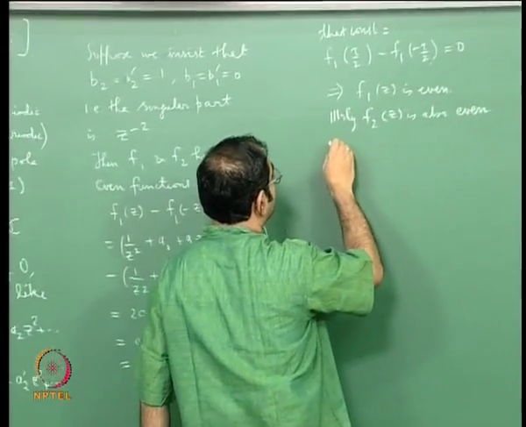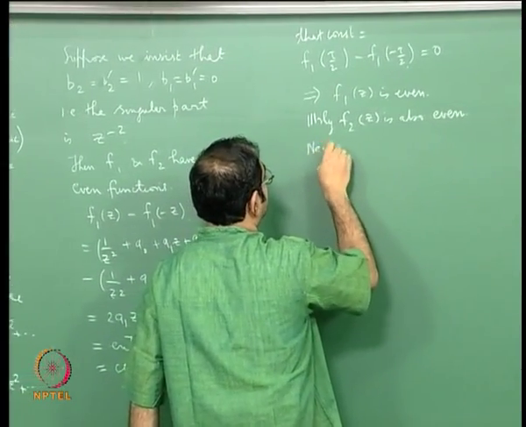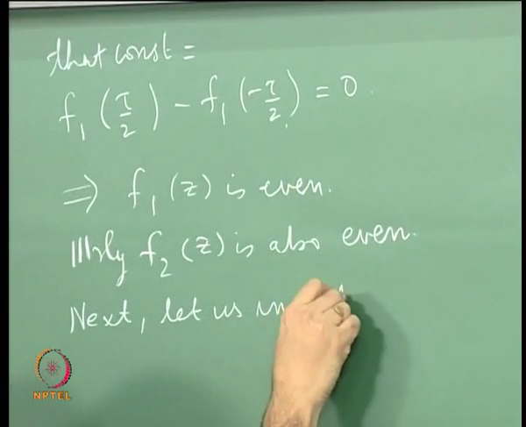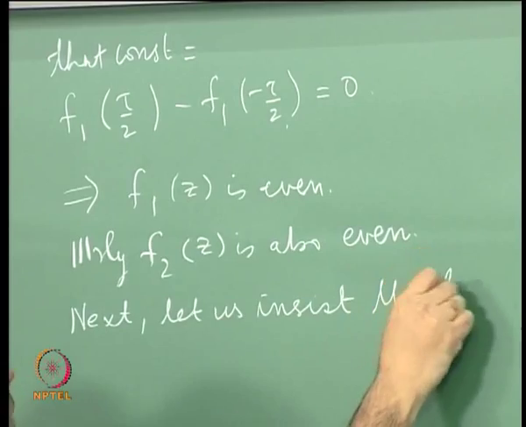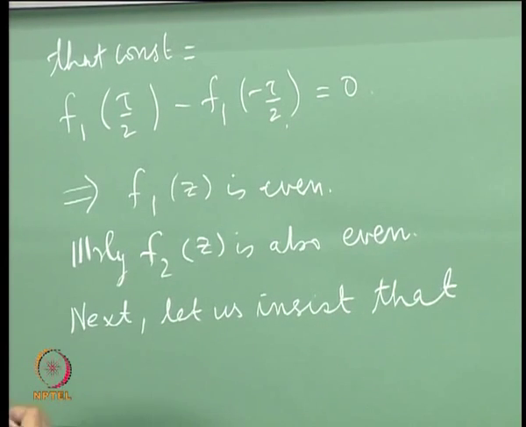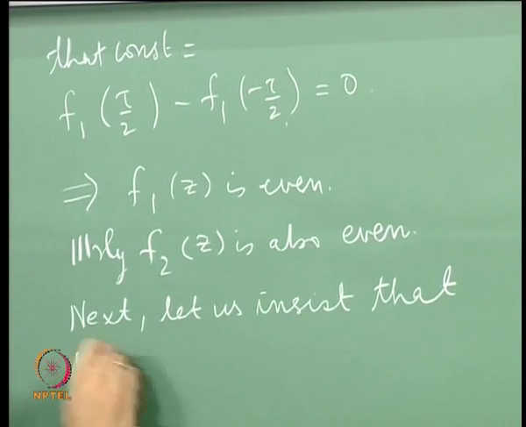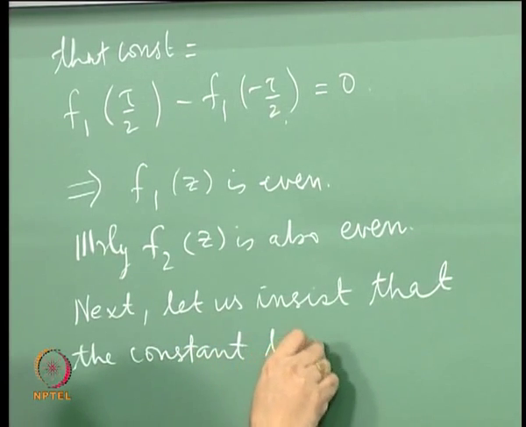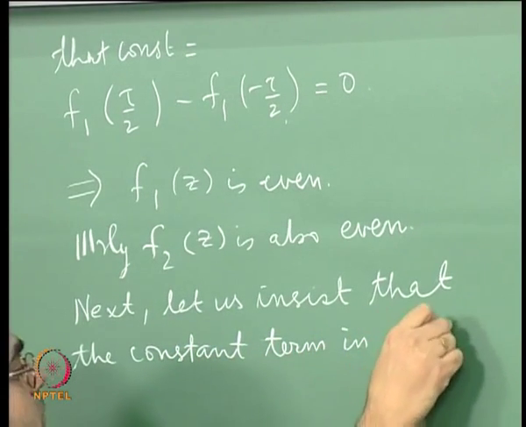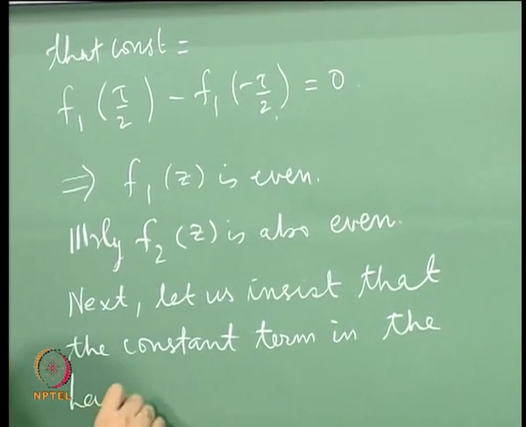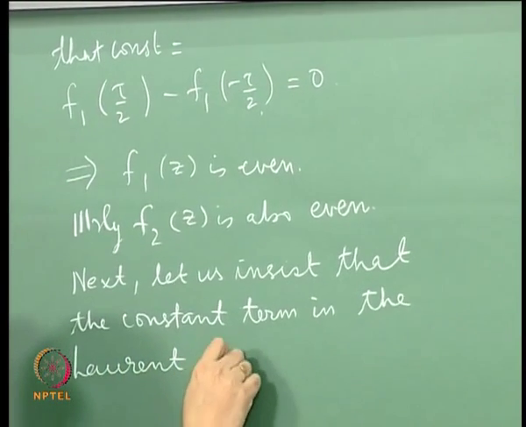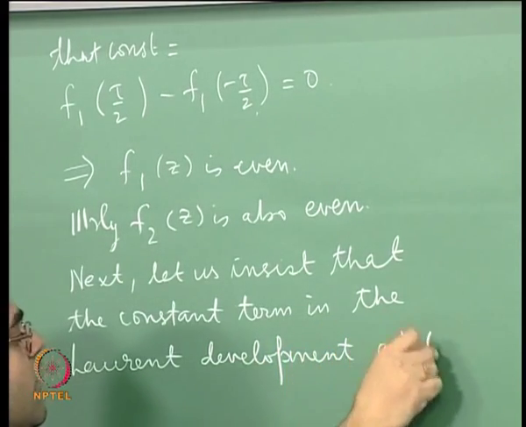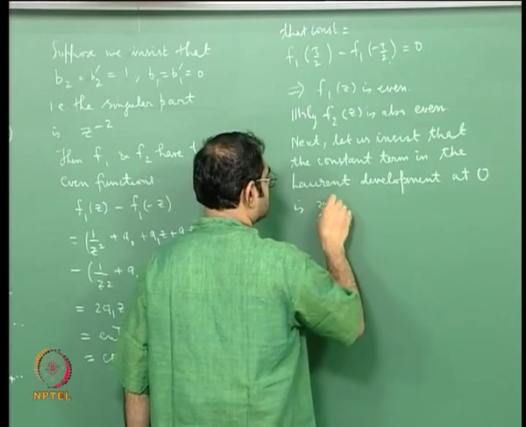Now next let us insist that the constant term in the Laurent development at the origin is 0.